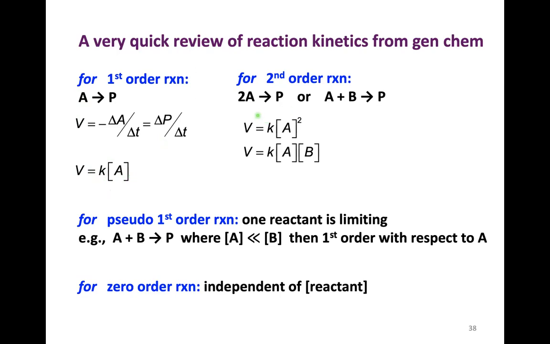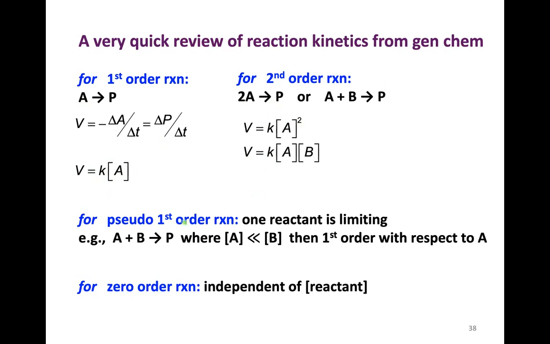Second order reaction is similar. If we have two A's combining to form a P, don't forget that the stoichiometric coefficient is the exponent. Or if it's A plus B going to P, you can write the expression as you see here.